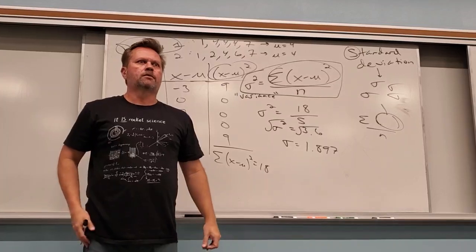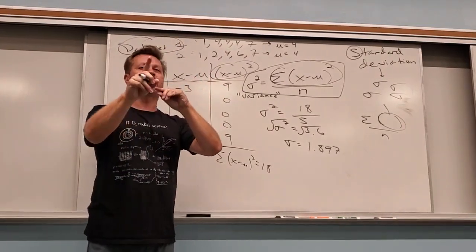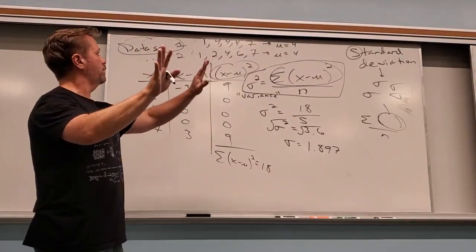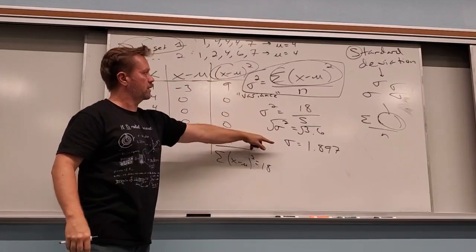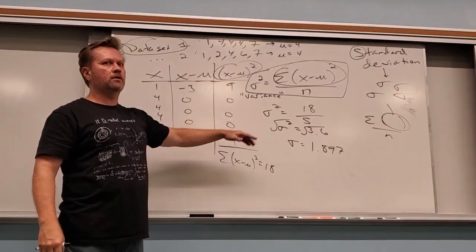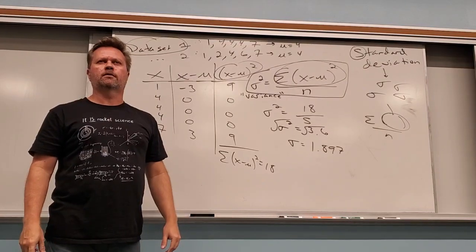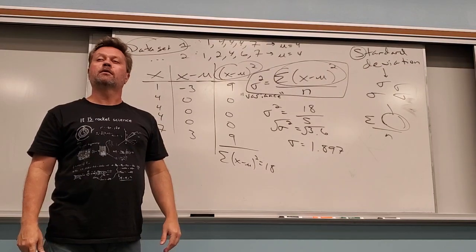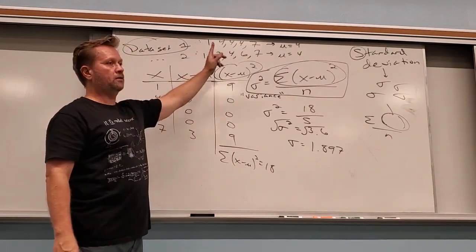Now, what I want you to do right now, first off, just tell me, without doing any work, should this data set have a bigger or smaller sigma? Bigger. Why? The range is the same for both, right?